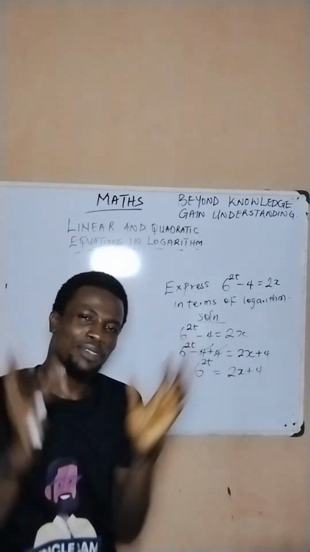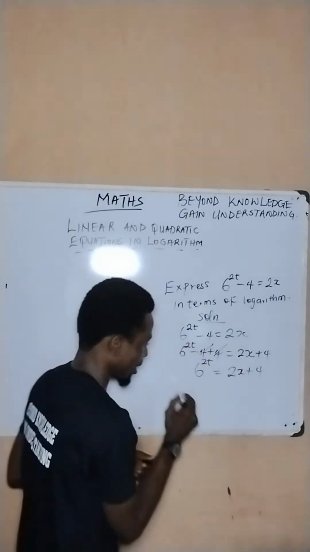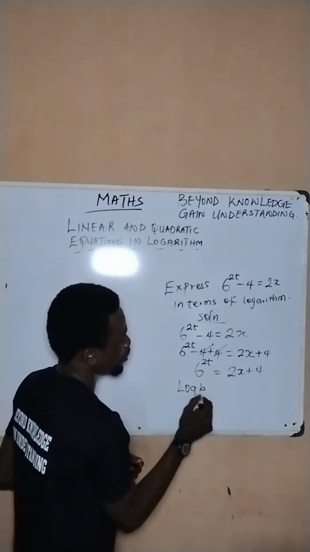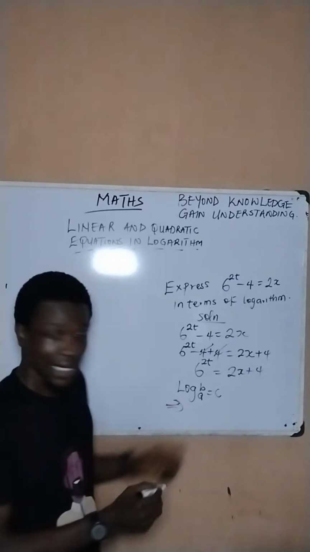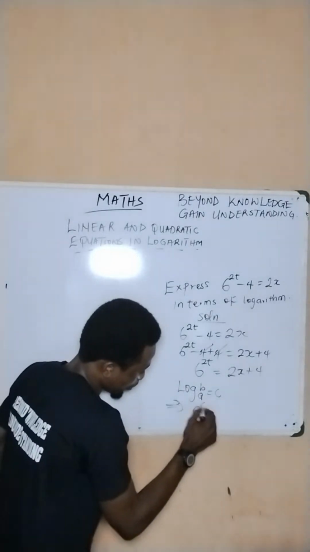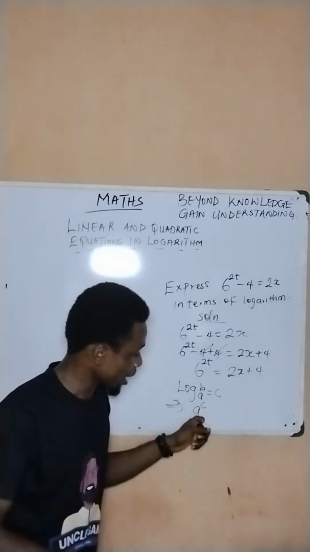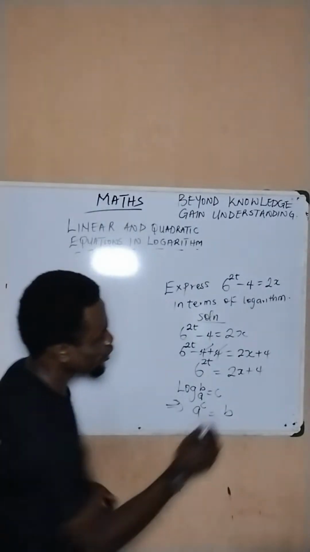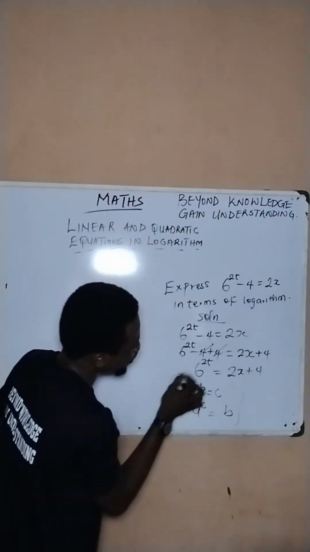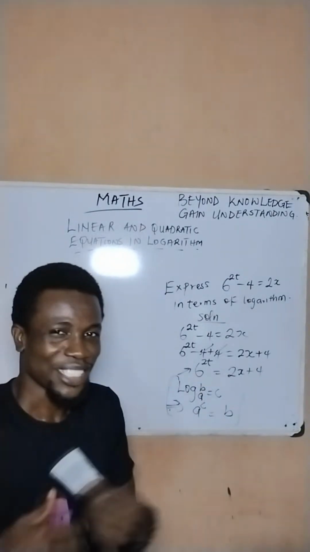Now, in the general form of logarithm, remember what I said earlier, that log of b to base a equals c implies that the base a raised to the power of c will give me b. If you look at this and look at this, it's quite similar.